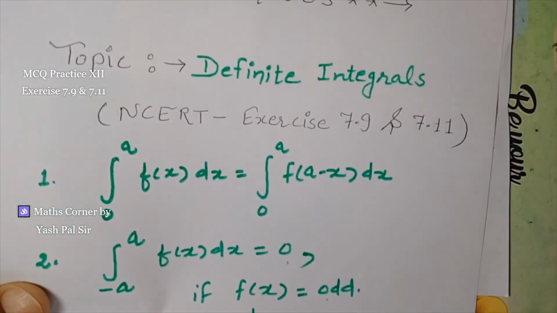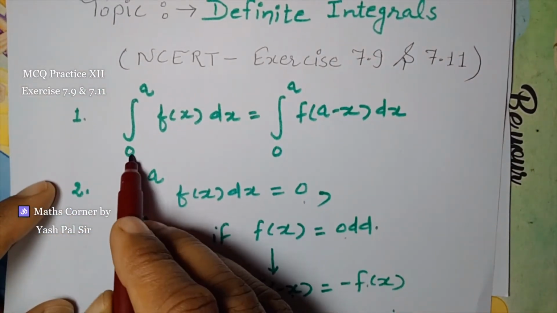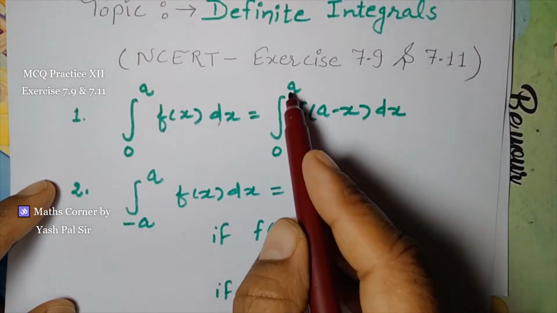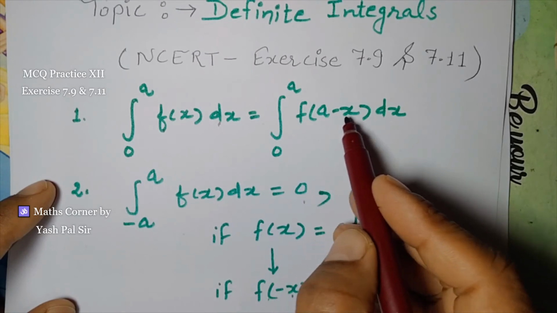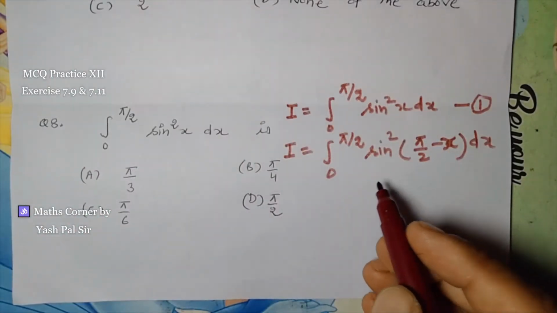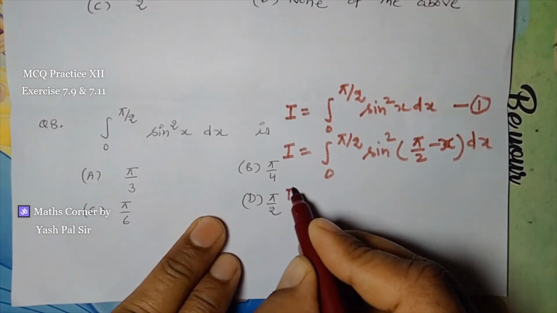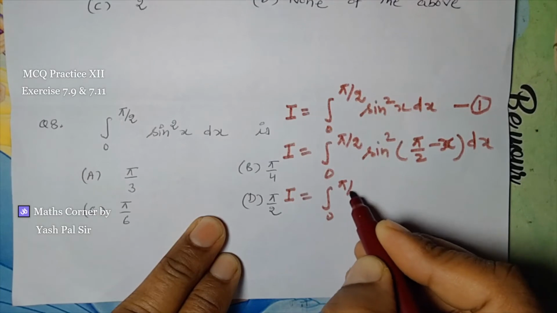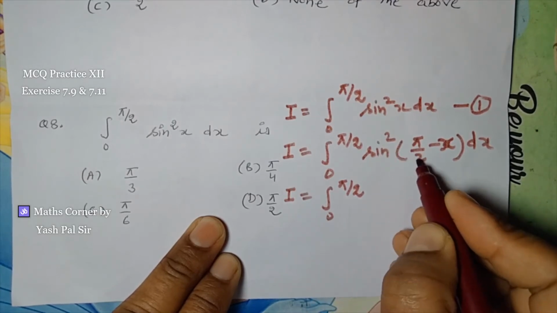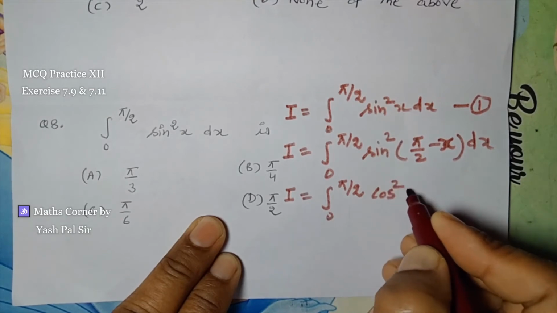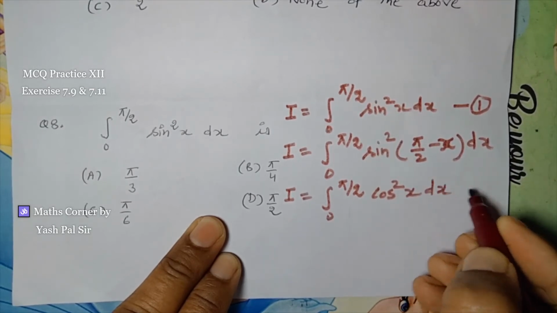We are using here property number 1, integral 0 to a of f of x dx is equal to integral 0 to a of f of a minus x into dx. So this becomes I is equal to integral 0 to pi by 2, sine of pi by 2 minus x is cos x, so the result is cos square of x into dx.